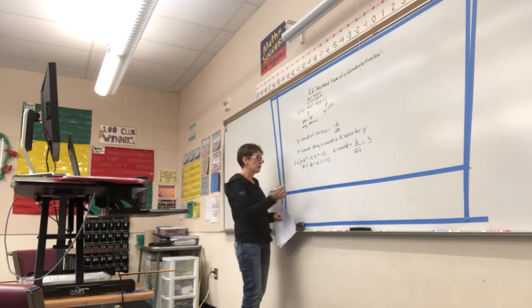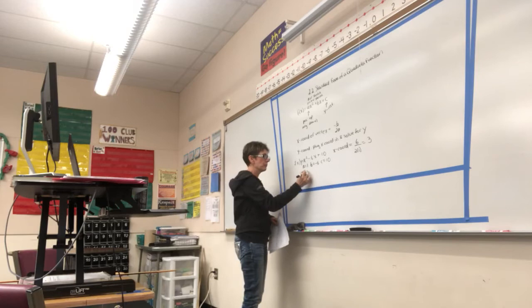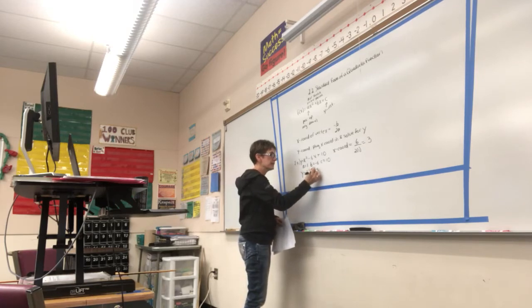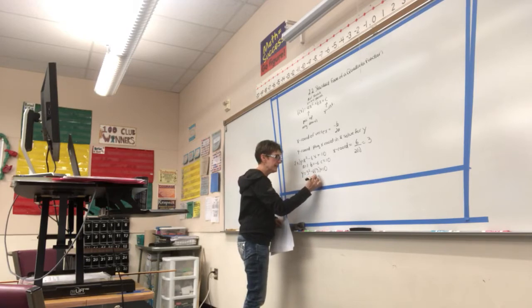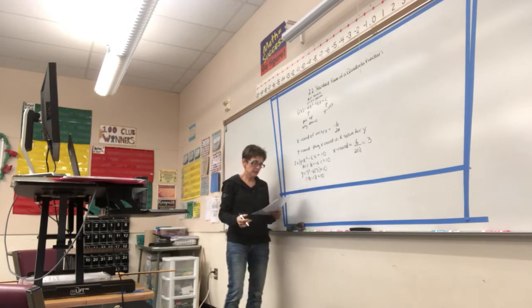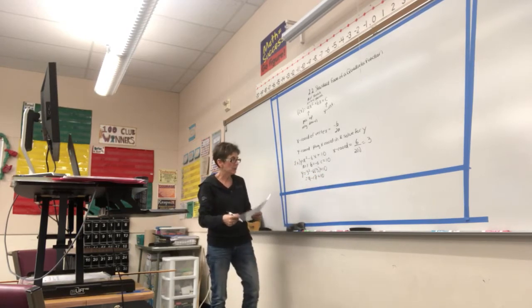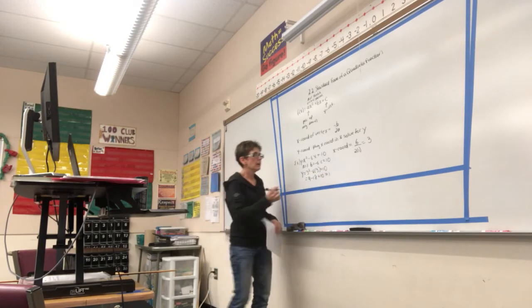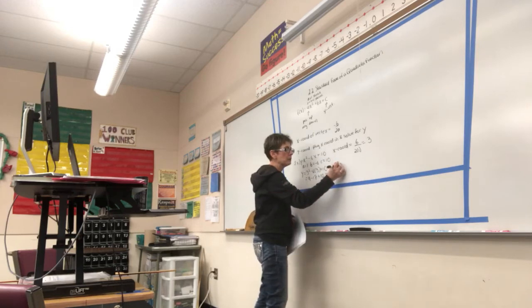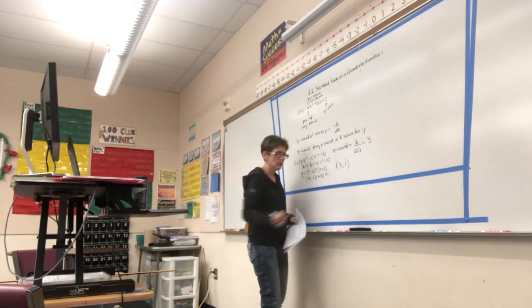To find the y-coordinate, we plug in 3 for x. So 3 squared minus 6 times 3 plus 10 is 9 minus 18 plus 10, so negative 9 plus 10, which equals 1. The vertex of this parabola is at (3, 1).